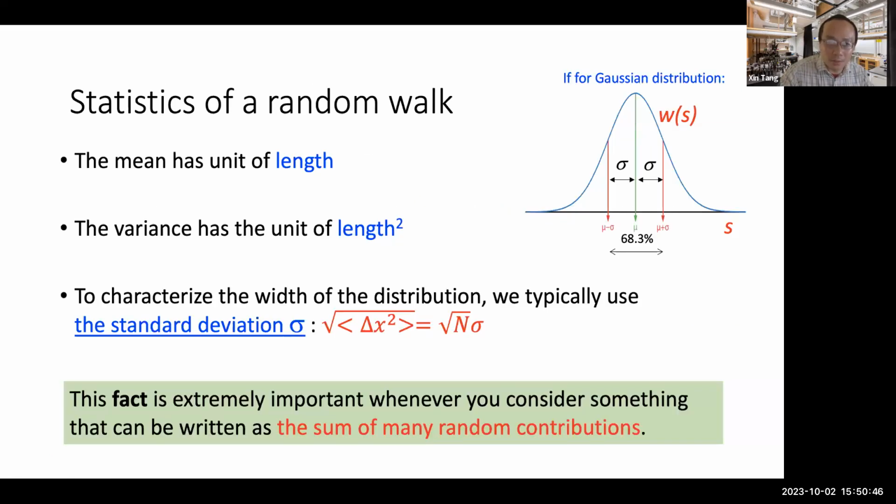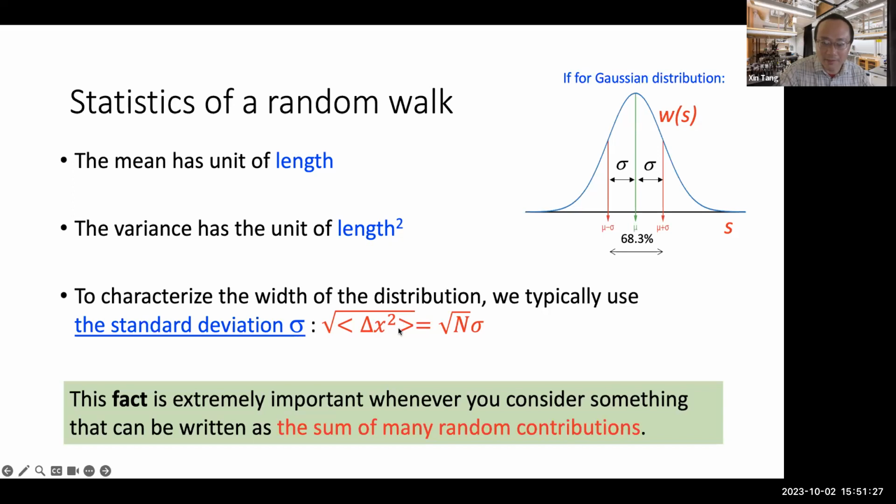That is super important. If we stay in the context of random walk, the mean has the unit of length, and then the variance is length squared, as we discussed. Normally people use the standard deviation sigma to make sure that the unit is physically correct, because length is more physically accurate. Length squared is mathematically used, but physically we rarely use that. So usually the standard deviation is the square root of the mean of delta x squared, okay?